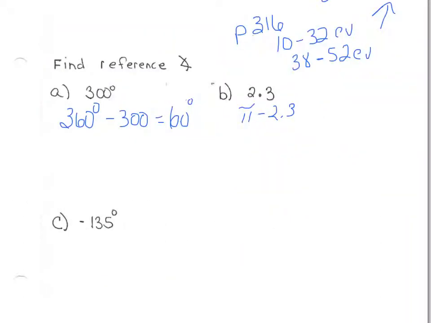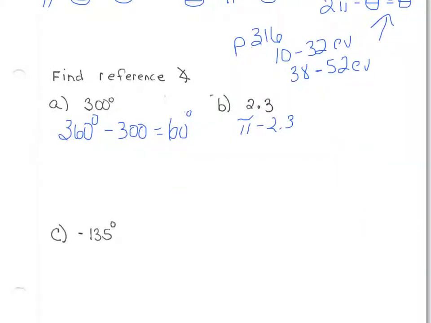I want to go ahead and show you on this last angle. Notice it's a negative angle. If you're not sure what quadrant that negative angle ends up in, the easiest way to do a negative angle is to change it to a coterminal positive angle. So we would add 360 to this angle, which means you're subtracting.